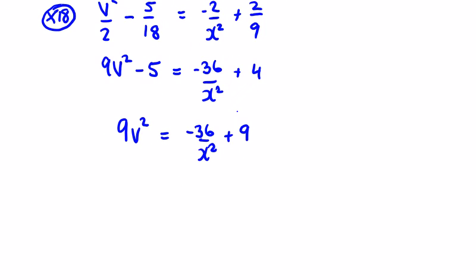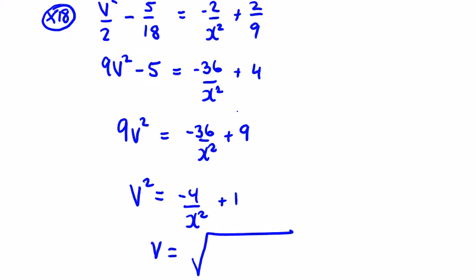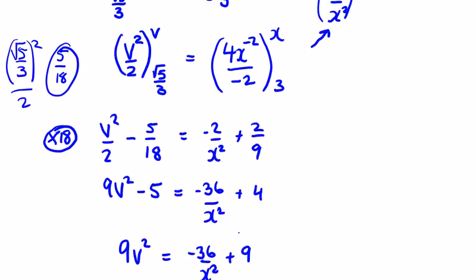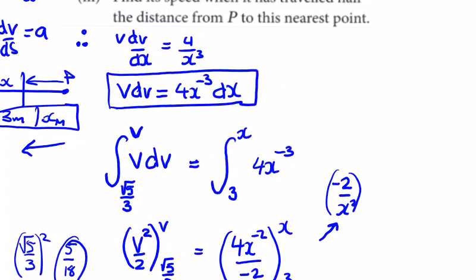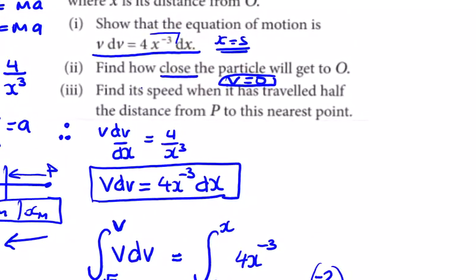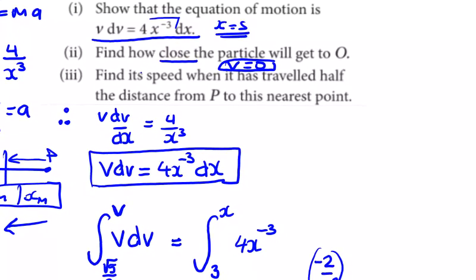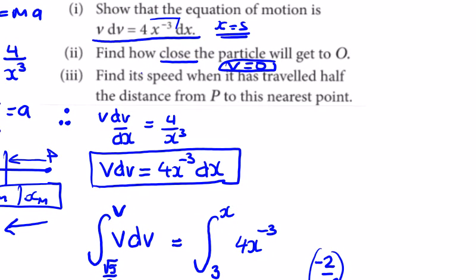That looks like we can divide by 9 now. v squared is equal to minus 4 over x squared plus 1. So the velocity is equal to the square root of that. And we are asked for how close it gets and the speed when it's traveled half this distance from P to this nearest point.